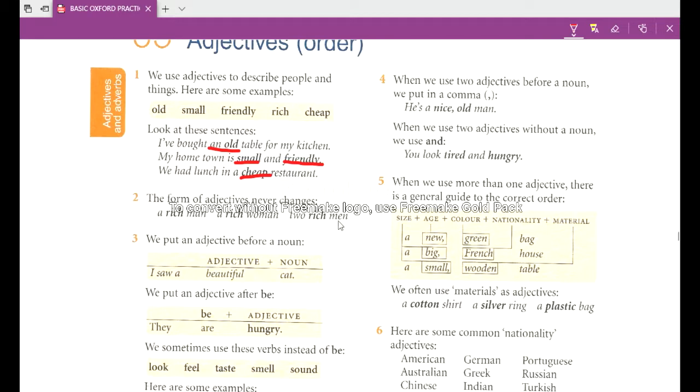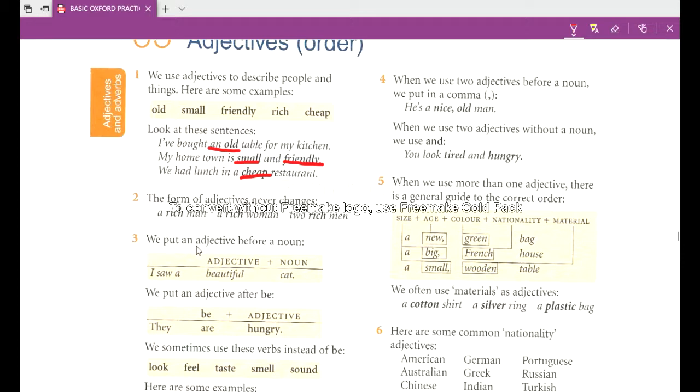It means that we cannot say two richest men. We say two rich men. Is it clear? It's a little different from nouns, where we have to add s or es to form the plural.